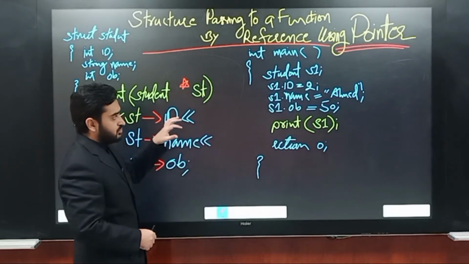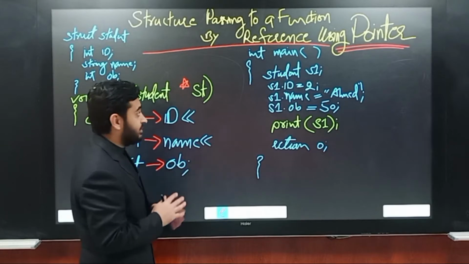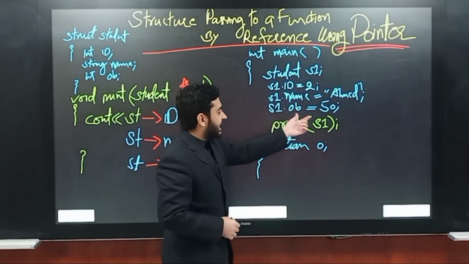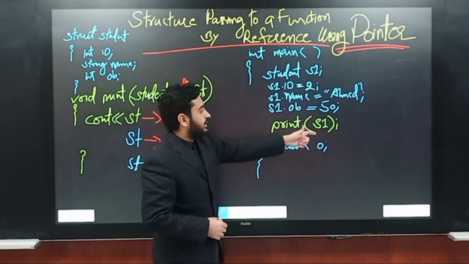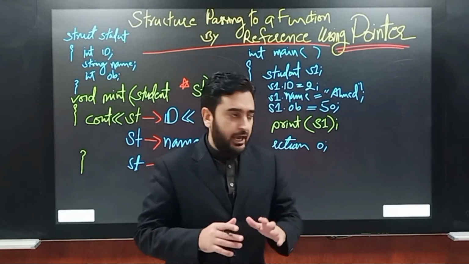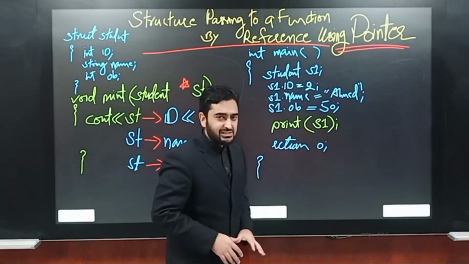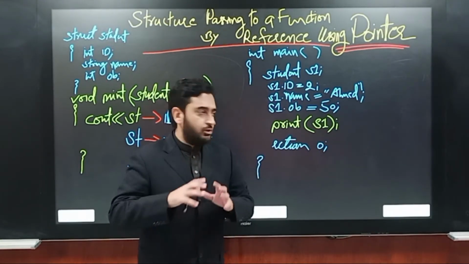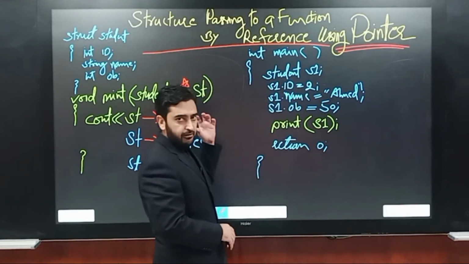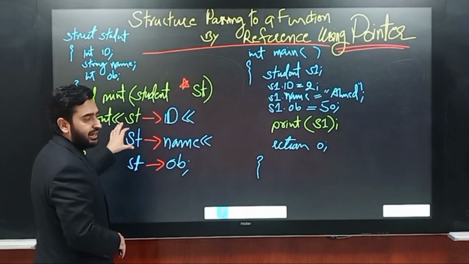This way we have initialized the data members of the s1 object. Then we are going to pass the s1 object. Normally s1 would pass a copy of the memory location to another function, the user defined function.